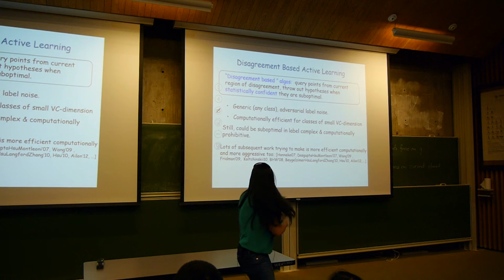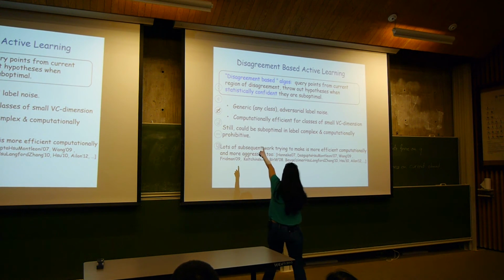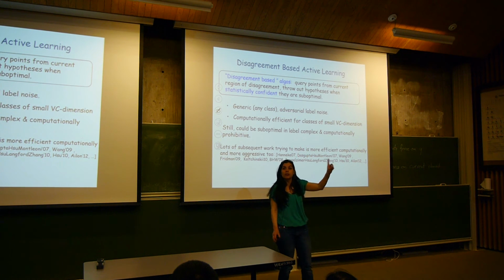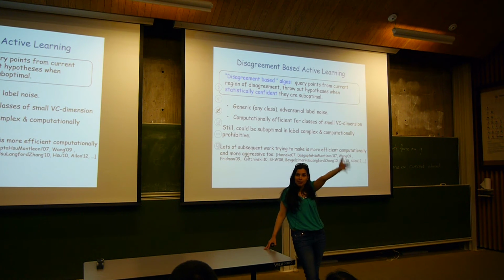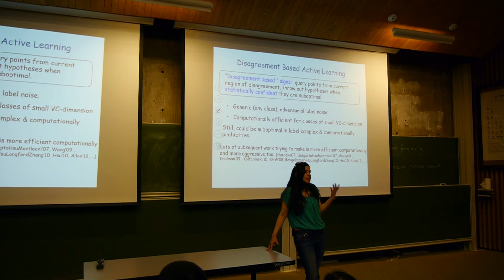Let me mention that the algorithm is computationally efficient if you have classes of small VC dimension, like intervals or rectangles, where the VC dimension is constant. If the search space is not too large, you can make this algorithm computationally efficient, so that's good news. On the other hand, for problems of the type we care about, like kernelized linear separators, it's computationally prohibitive.